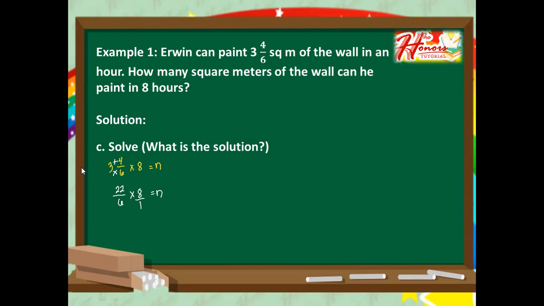Then after that, kindly check if we can apply the cross multiplication method. For 6 and 8, it is possible. So just think of a number that can divide 6 and 8 at the same time without remainder. So we can use 2 here to have 3, 2 here to have 4. And then now we can solve.